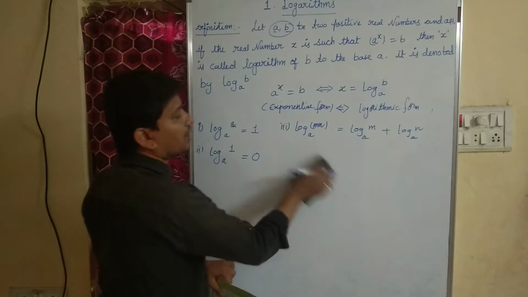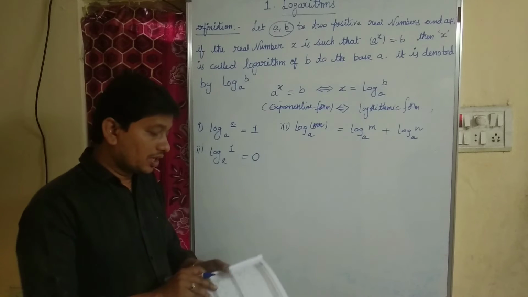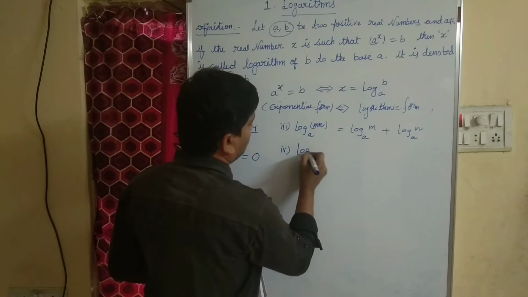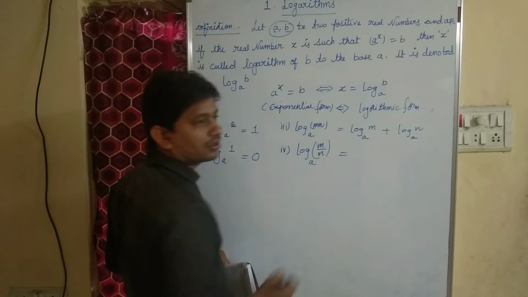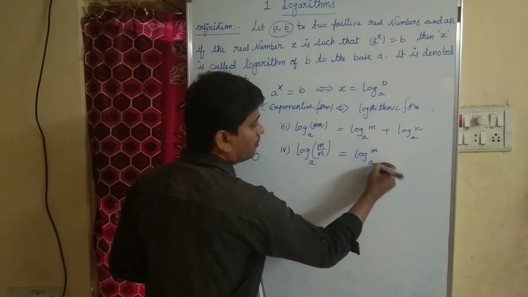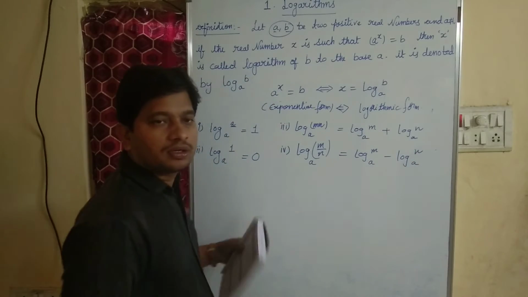Now coming to the fourth law, which is called the quotient law: log m by n to the base a is equal to log m to the base a minus log n to the base a.